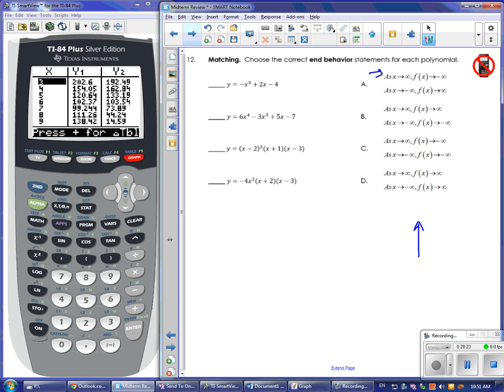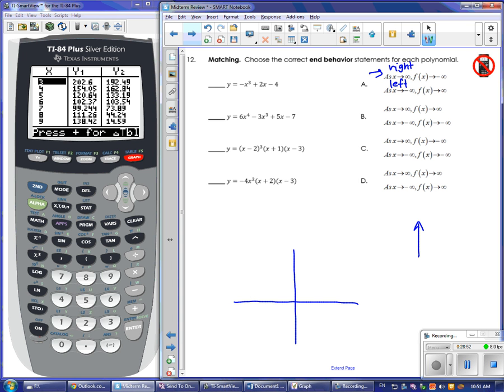So we're looking first at the right side of the graph, and then the left side of the graph. So just make sure that you're looking at the correct side of the graph for the end behavior. The first thing I would suggest you do in this problem is understand what the degree is, and then pay attention to whether or not the graph should be increasing or decreasing.